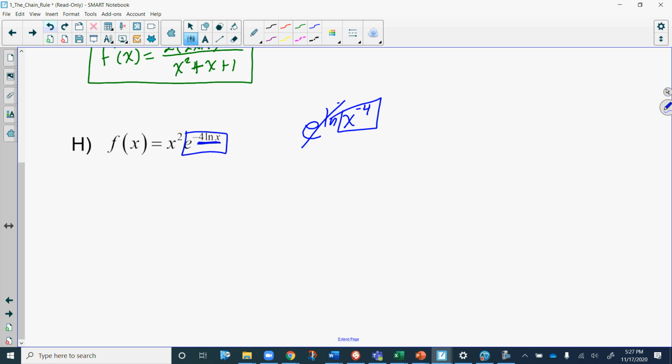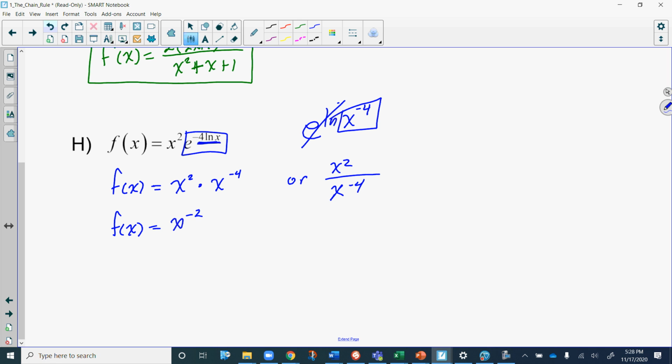So really, function f should have been written as x squared multiplied by x to the negative 4th, or maybe x squared over x to the 4th. Either way that you do this, that is simply going to be x to the negative 2 power that we're going to take the derivative of.